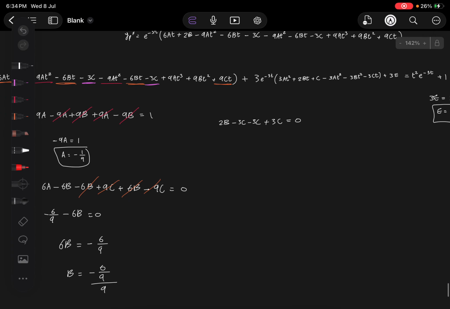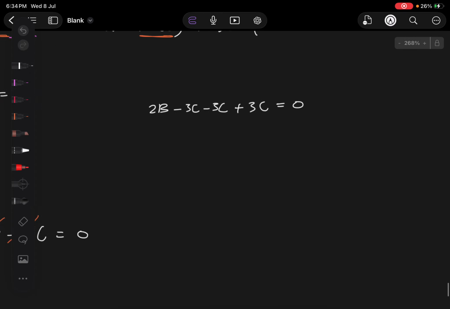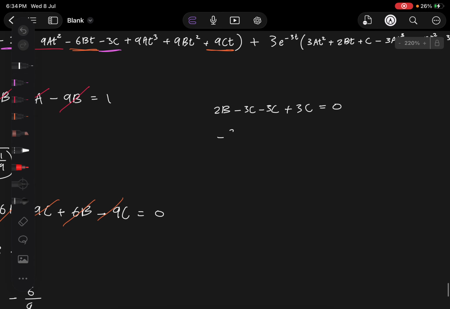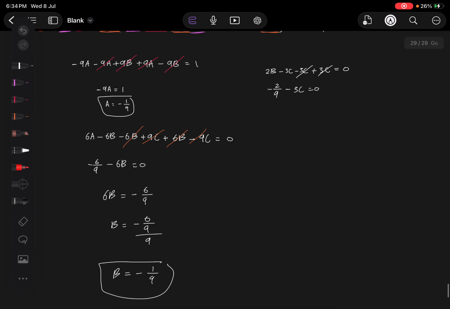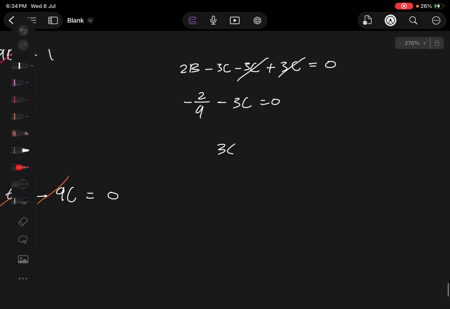And we got a and b, so that's negative 2 over 9 minus 3c equals 0. 3c equals negative 2 over 9, so c is equal to negative 2 over 9 divided by 3, which is negative 2 over 27.